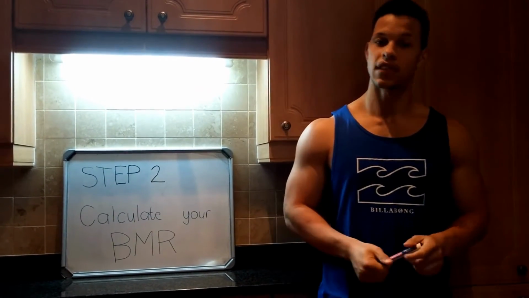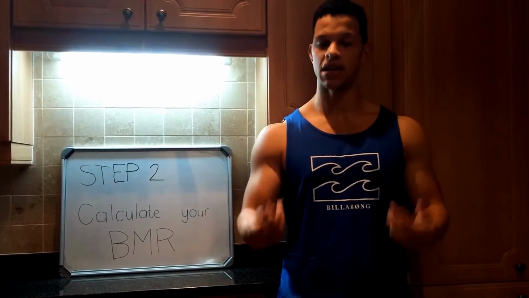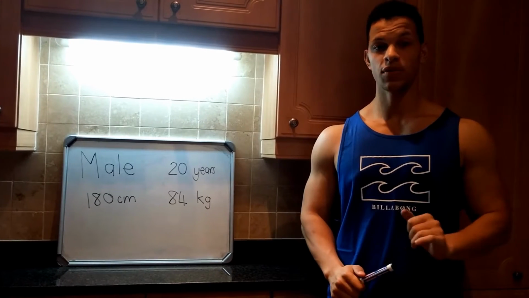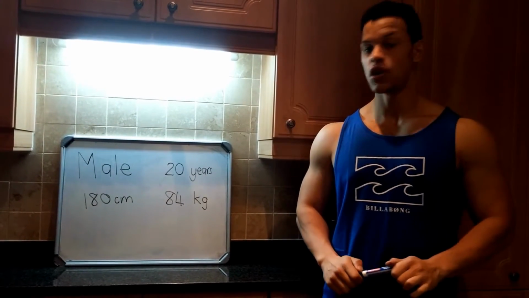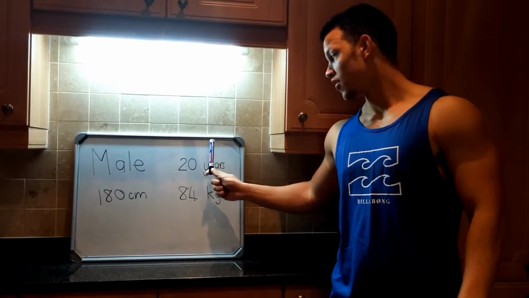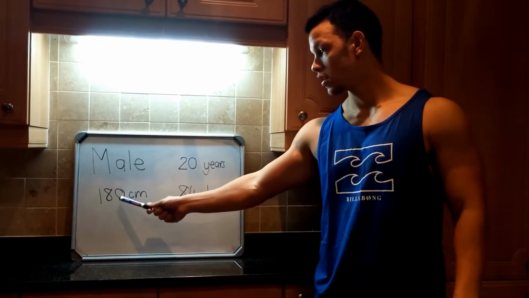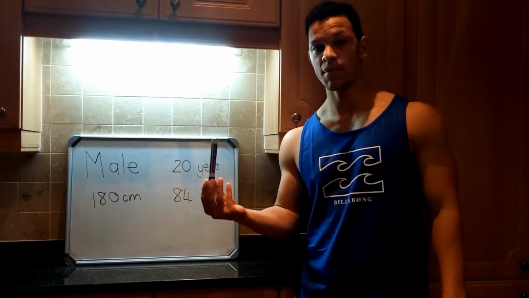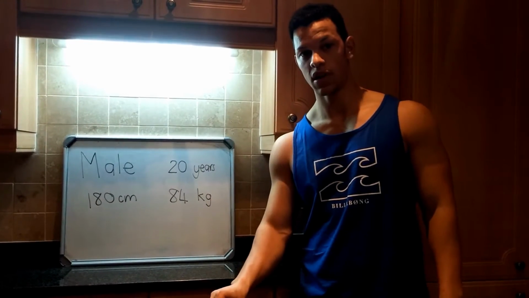And this example person is actually me. So let's get to it. In order to work out your BMR with the calculator, you have to know your sex, which I hope you all know, your age, height, and your weight. All you have to do is type it in the calculator I've given you below.